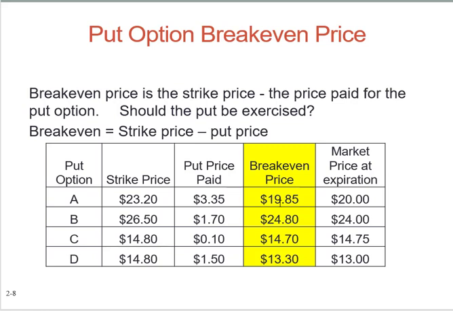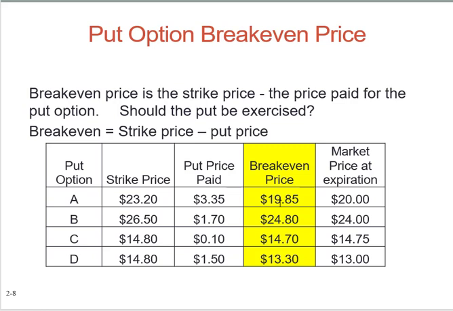So what are we going to gain? We're going to gain $23.20 minus 20, which is $3.20. We paid $3.35. So exercising the option recovers $3.20 of the $3.35, leaving 15 cents with the writer. You have gotten $3.20. If we look at B, here we see $24 is below the $26.50 by $2.50, so it's in the money by $2.50.